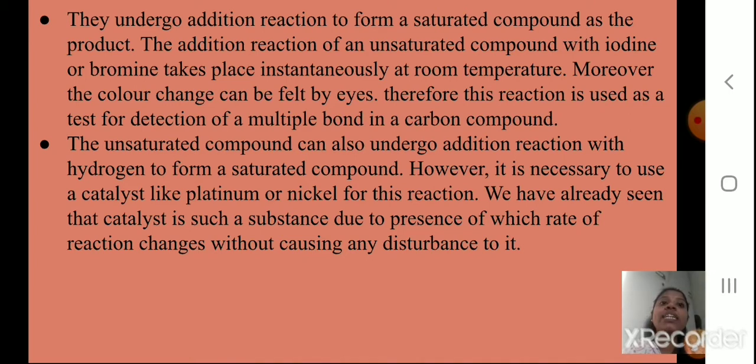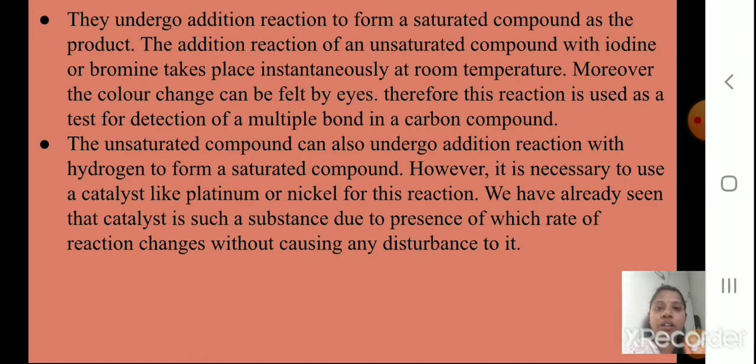The addition reaction of an unsaturated compound with iodine or bromine takes place readily at room temperature. Moreover, the color change can be seen by the eyes. Therefore, this reaction is used as a test for the detection of a multiple bond in a carbon compound.